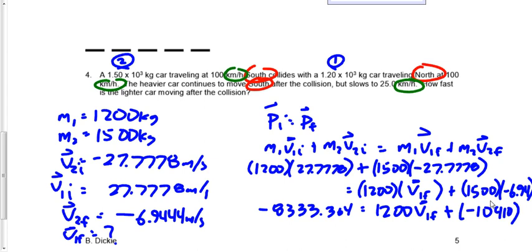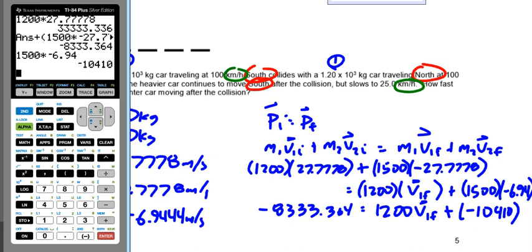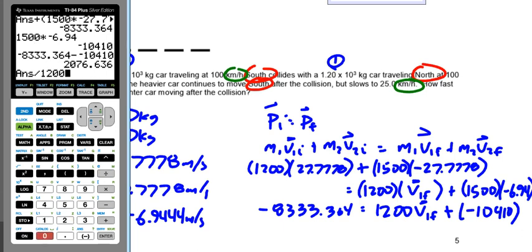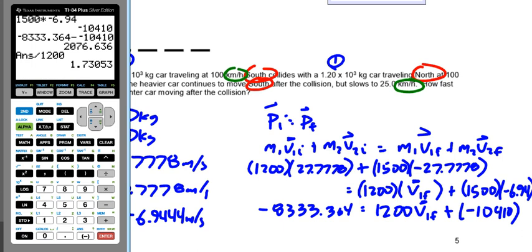How do I do it? I can subtract the negative, right? Or add positive. I'm going to say negative 8,000. I'll subtract the negative because I already have that number there. Good. Divide that by 1,200. 1.73. Is that what I got?